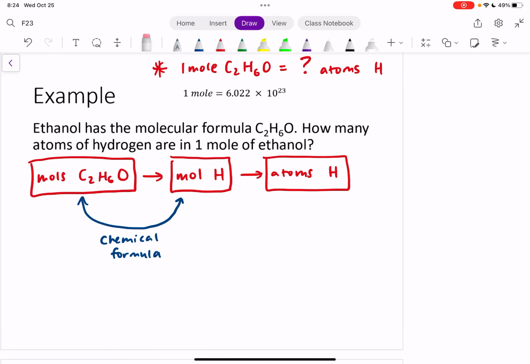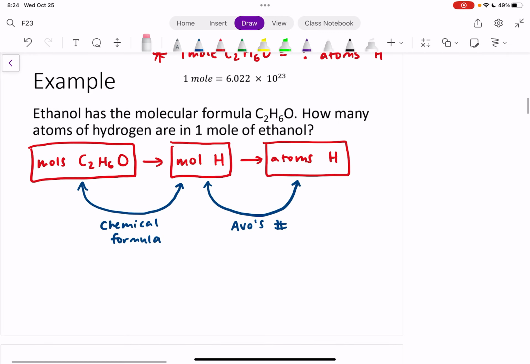So 6 moles of hydrogen. Now, to get from moles of hydrogen to atoms of hydrogen, I'm going to use Avogadro's number. Sometimes I like to call him avocado or Avo. It's just kind of fun. Using his number, we can go from moles of anything to atoms of that thing.